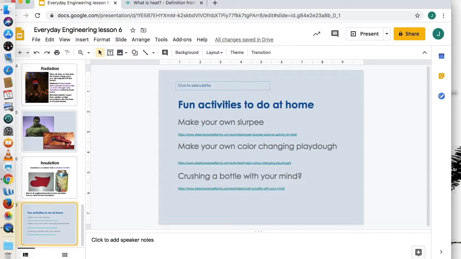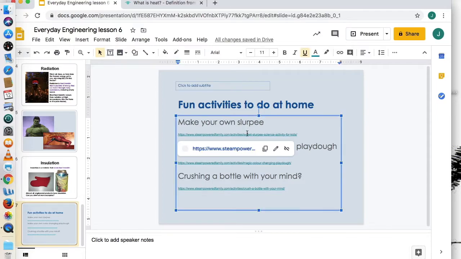And so that is the end of our heat lesson. But before I go, I do want to show you a couple cool activities you can do at home. I'll provide the links on the information screen. We have 3 activities that you can do at home that all relate to heat.